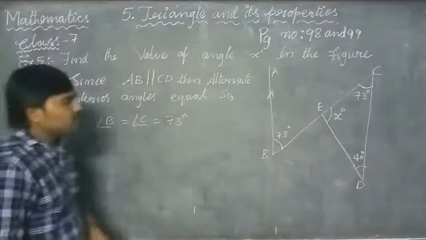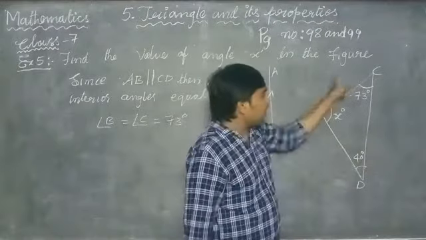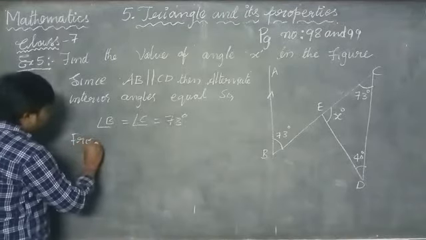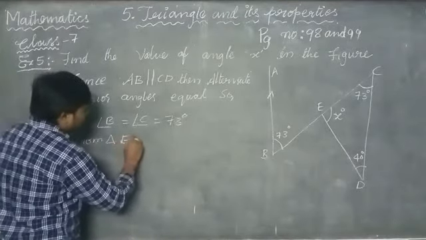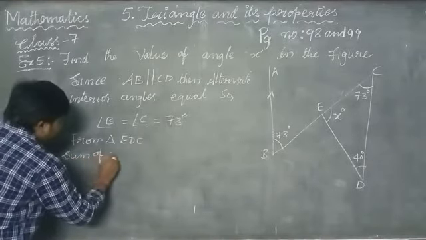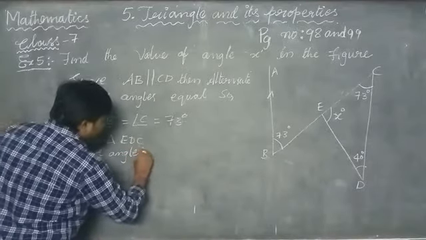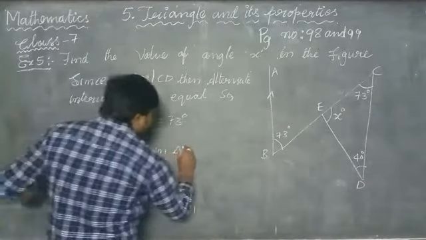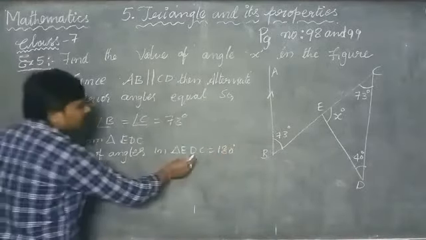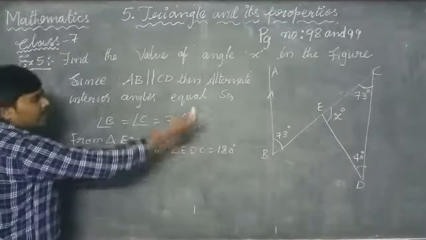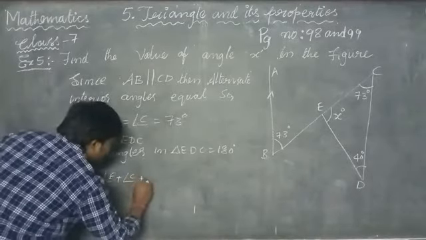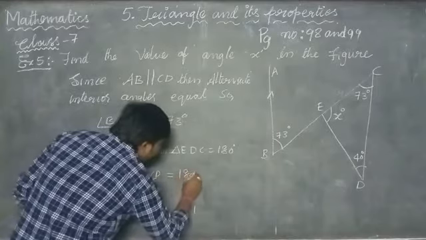Okay. After getting the C value, we can see the triangle EDC. From triangle EDC, the sum of angles in the triangle equals 180 degrees. What are the angles? Angle E plus angle C plus angle D equals 180 degrees.